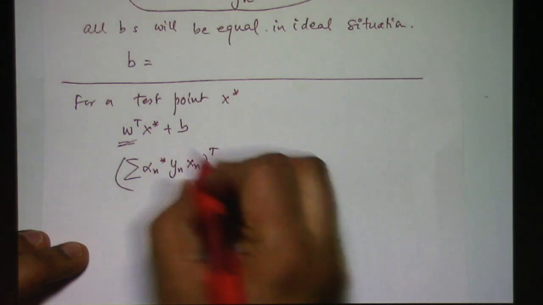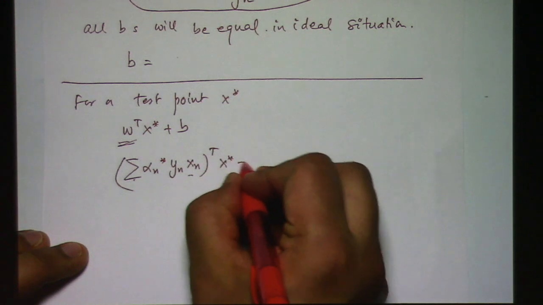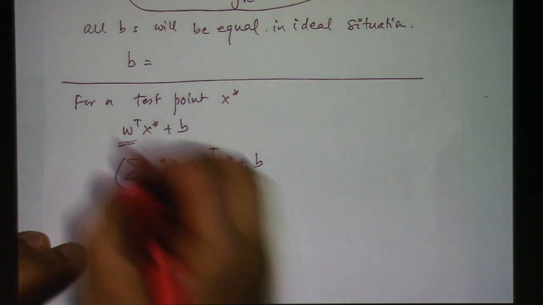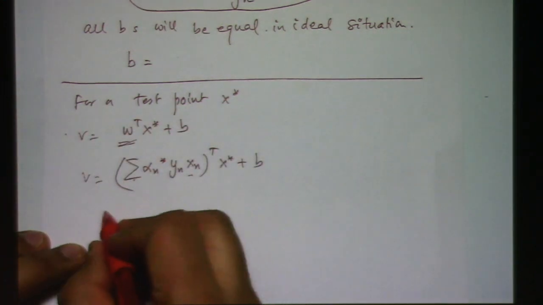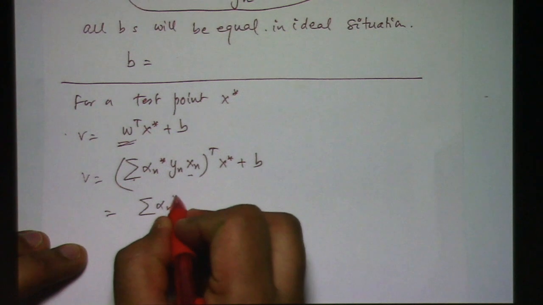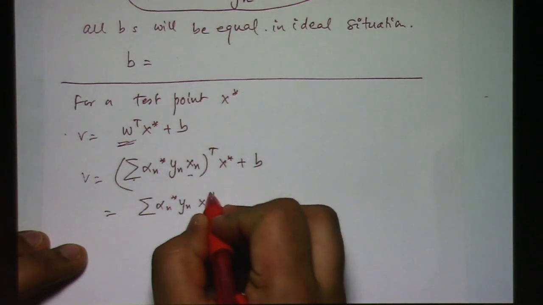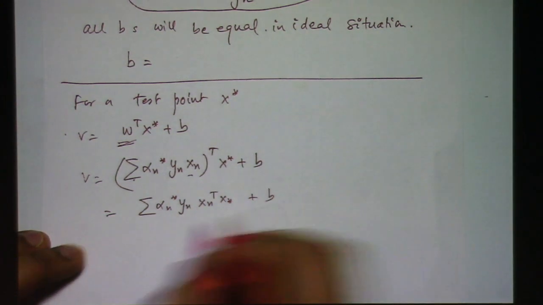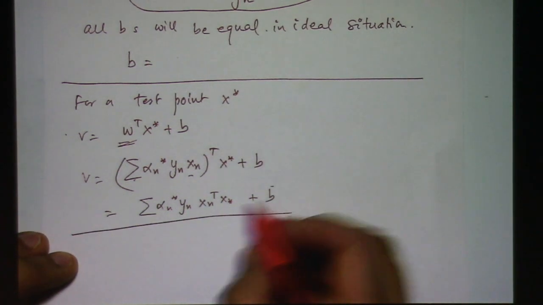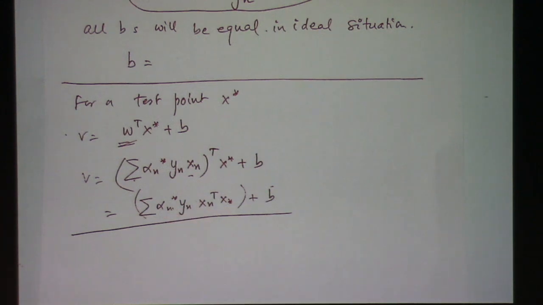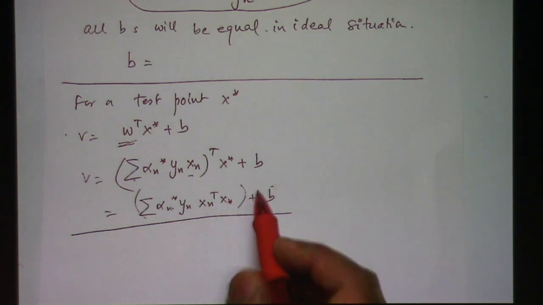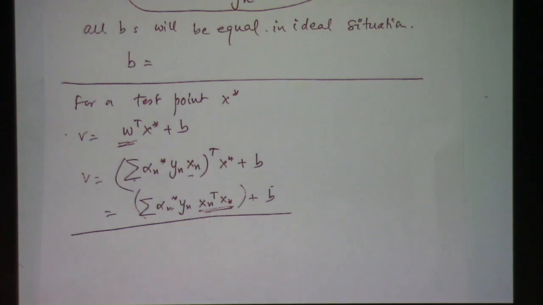So this decision value, call it V, can be written as summation of alpha n star yn xn transpose X star plus B. So we compute B, keep it on the side, but we never compute W. We can directly just use alphas. Later on, we'll see why that is useful: this becomes an inner product, and that helps us use kernel functions. That will be next class.